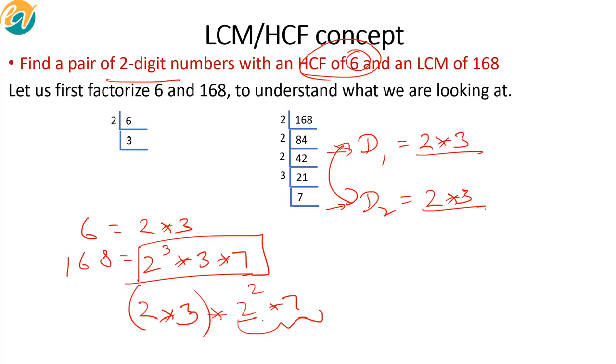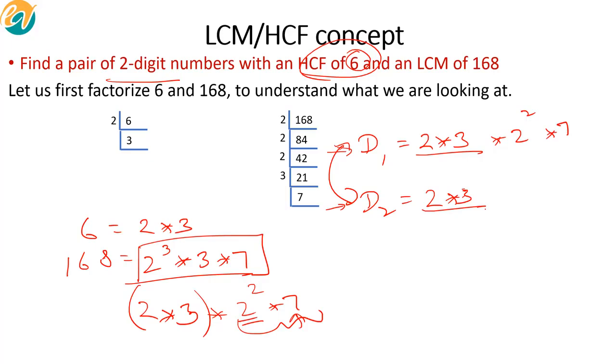As far as 2 square goes, let's try putting 2 square over here. If we put 2 square over here, how about 7? Can we put 7 here as well?